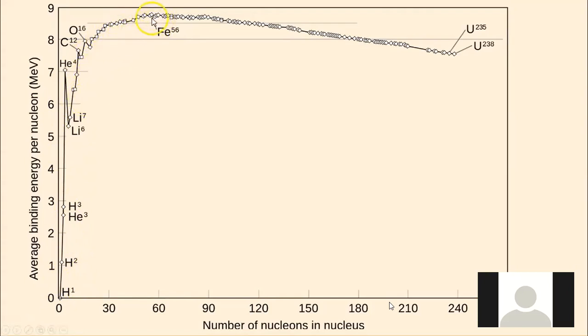But once you get beyond iron-56, the binding energy per nucleon decreases. That means it's not possible to release energy by fusing together elements heavier than iron. And in fact, stars will only fuse together elements up to iron and release energy.